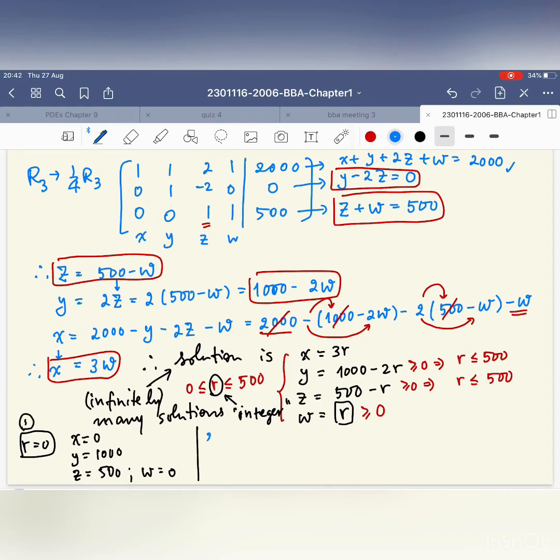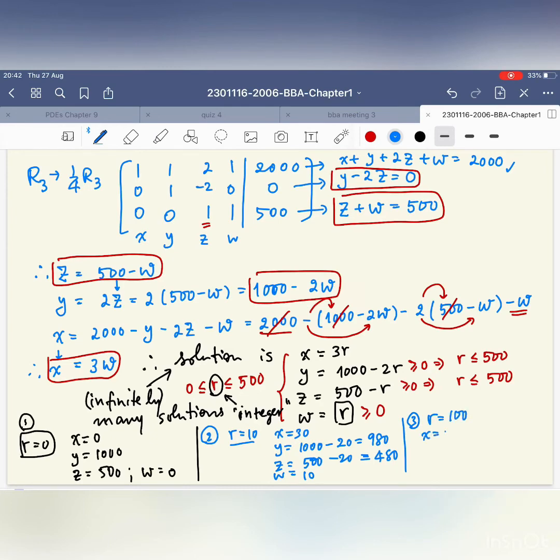Another set of solution that you can choose is, for example, if your r is 10, then your x must be 30, your y is 1000 minus 20, which is 980. Your z is 500 minus 10, which is 490, and your w is 10.